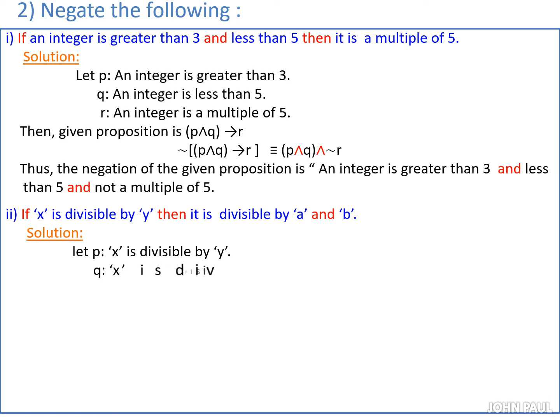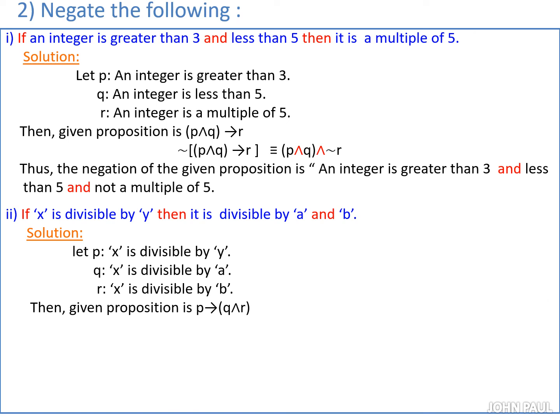Then the proposition is P conditional Q and R. The negation statement is: thus the negation proposition is x is divisible by y and x is not divisible by a, or x is not divisible by b.